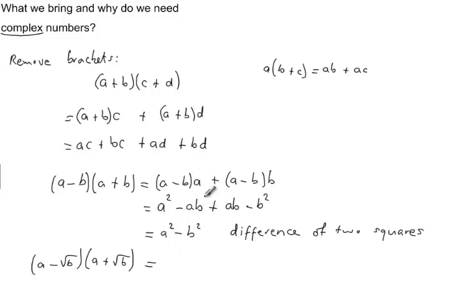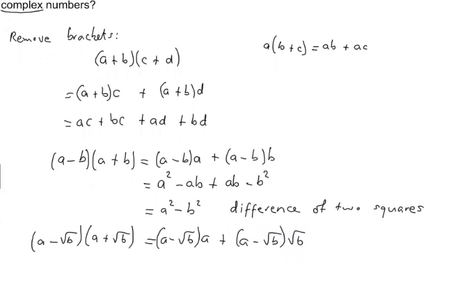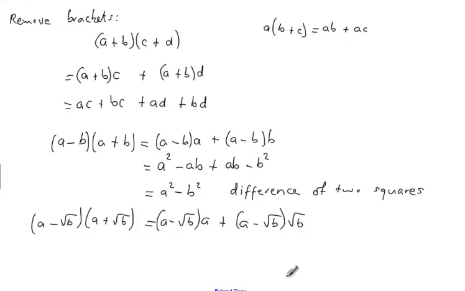Now, if I wanted to work it the long way, I would say A minus the square root of B in brackets multiplying A, plus A minus the square root of B multiplying the square root of B. That is if I want to do it the long way. Then what next?